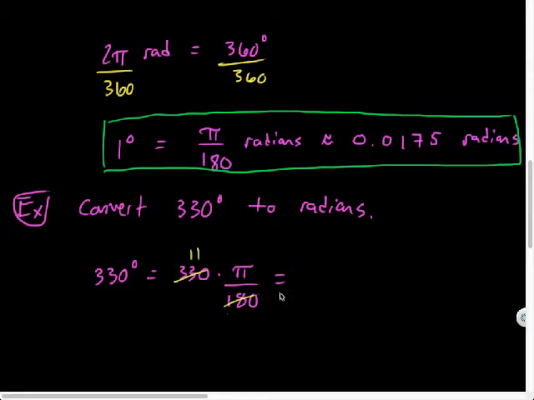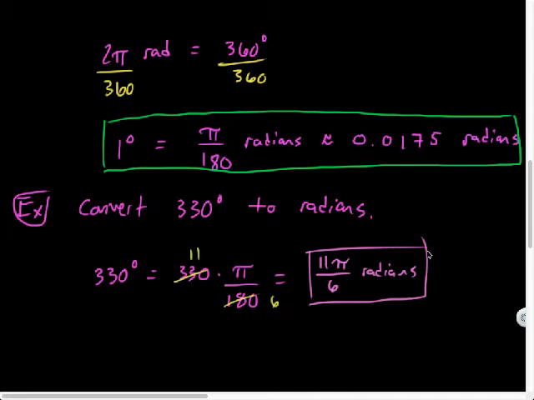And into 180, 6 times. So it looks as though this is going to simplify to be 11 pi over 6 radians.